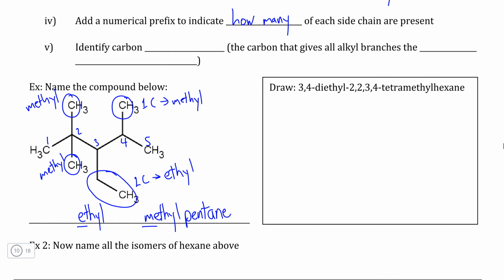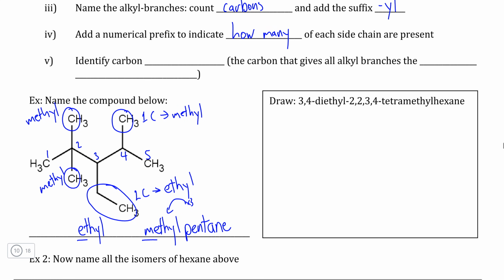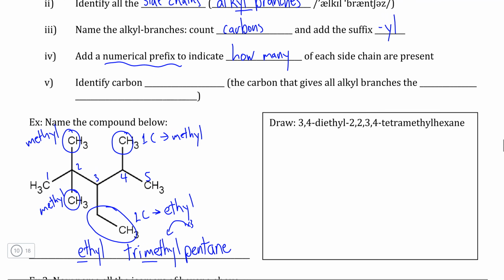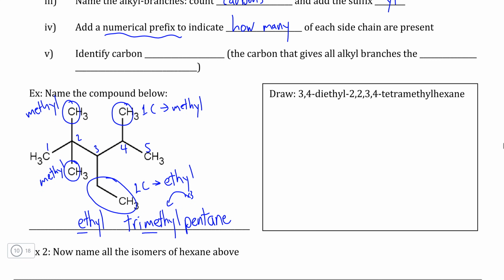We actually have 1, 2, 3 methyls in this hydrocarbon compound, and we know the numerical prefix that indicates 3 of something is the numerical prefix tri. So this tells us that we have a 5 carbon long parent chain with only single bonds that contains a 2 carbon long side chain and 3 single carbon side chains in different locations.